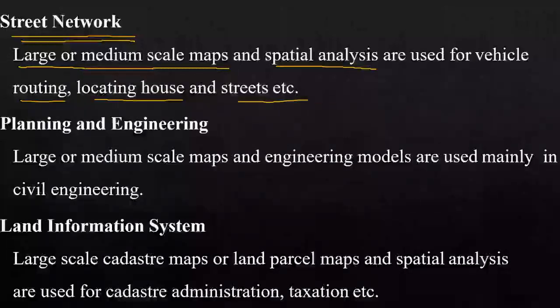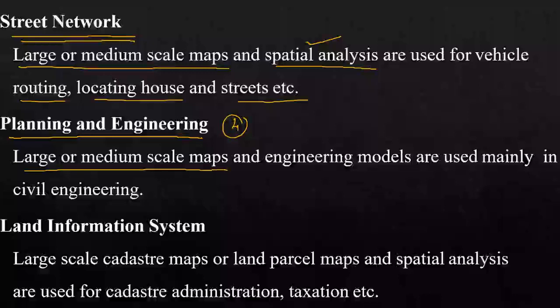Okay, we have studied in detail the spatial analysis in the previous classes also. Now the fourth application is planning and engineering. So here we use large and medium scale maps, and engineering models are used mainly in civil engineering. Now the fifth application, the last application, is the general application, land information system.